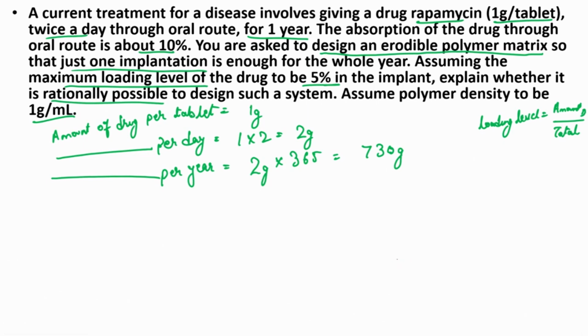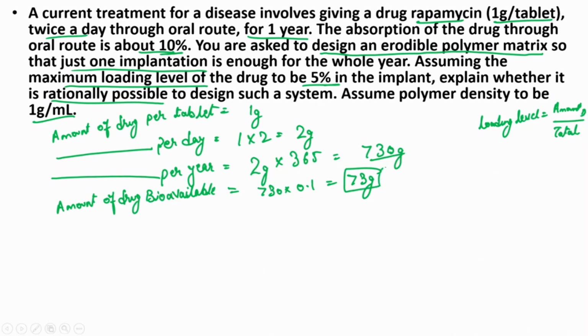Now, obviously this is the amount that we are giving, but the amount that is getting absorbed is only 10% of that, because we are saying that by the oral route we only get 10% into the system. So, the amount of drug which is bioavailable for the whole duration is about 730 multiplied by 0.1, since it is 10%, which will give us 73 gram.